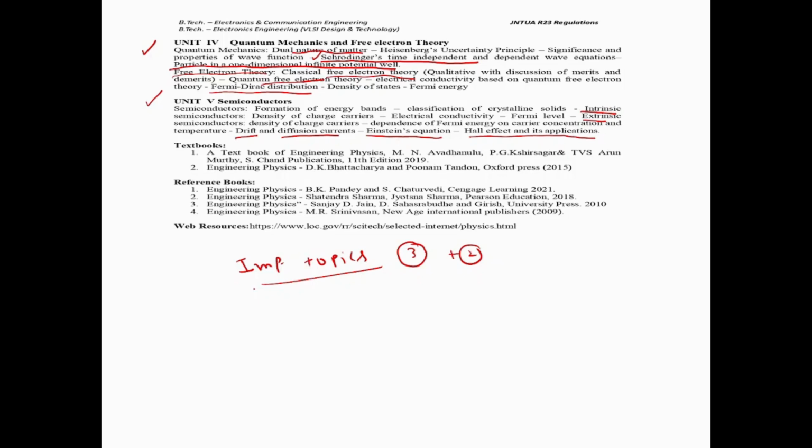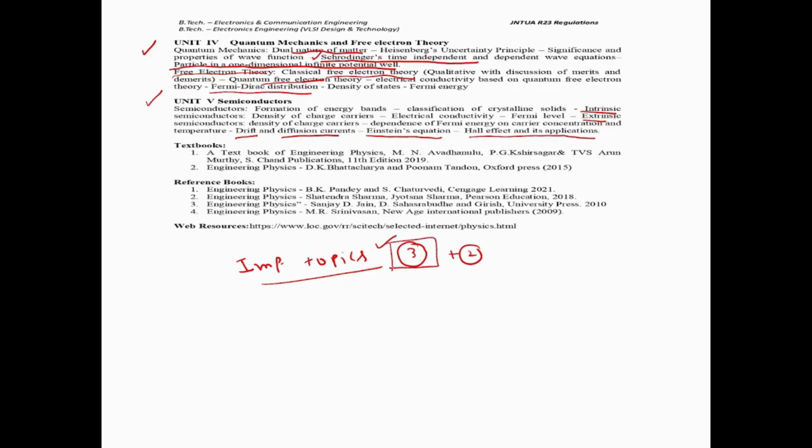With this confusion, students are not preparing effectively and perfectly, then it leads to a low percentage or low score. Maybe there is a possibility of getting failures. So to avoid this problem, students have to focus on any 3 units perfectly.